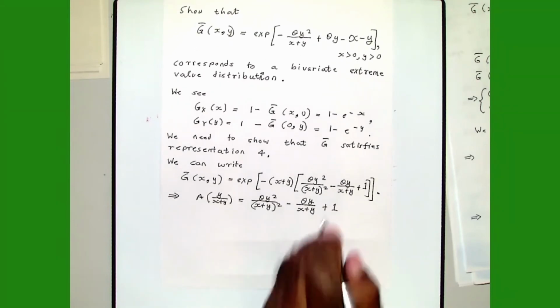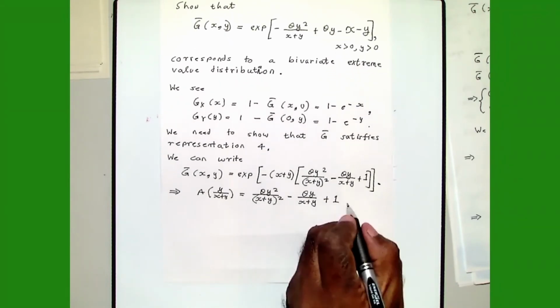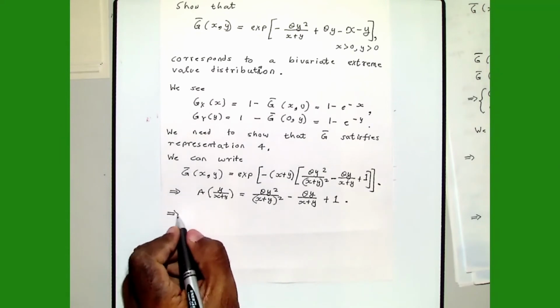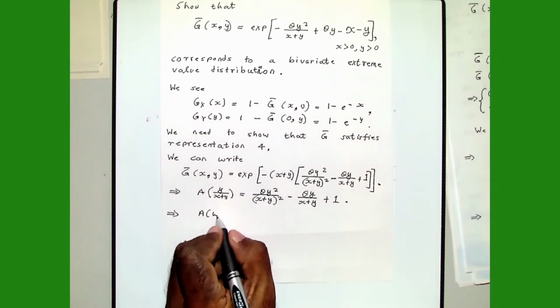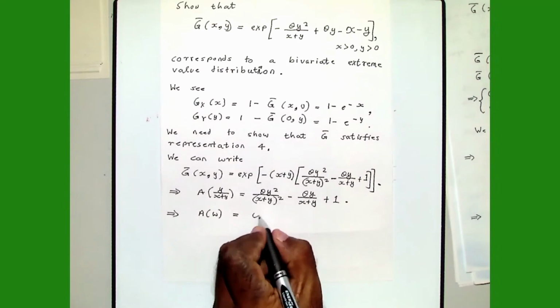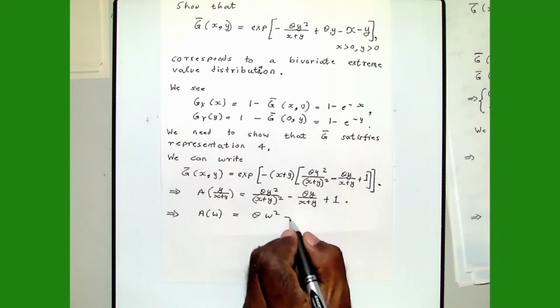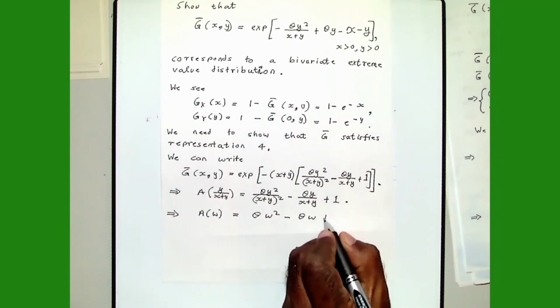In other words, A at w must be equal to theta w squared minus theta w plus 1.